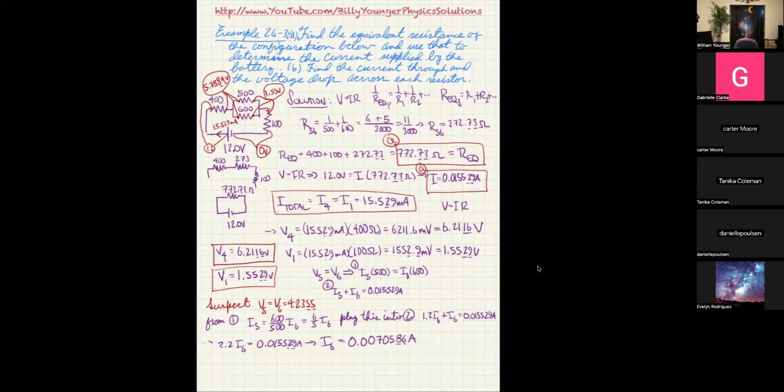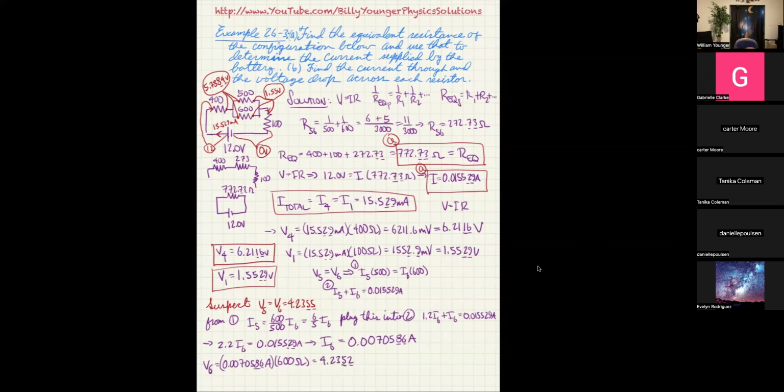So now I can do V6 is equal to 0.0070586 amps times 600 ohms, and that gives me 4.2352.